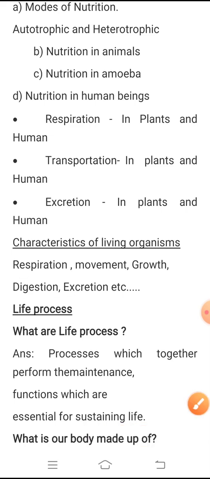There are so many things which we can discuss when we talk about the characteristics of a living organism or living things, right?